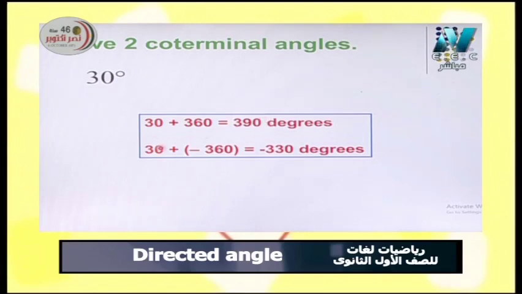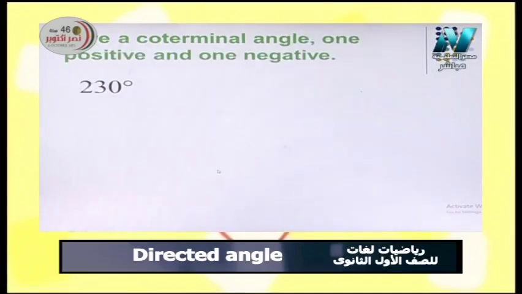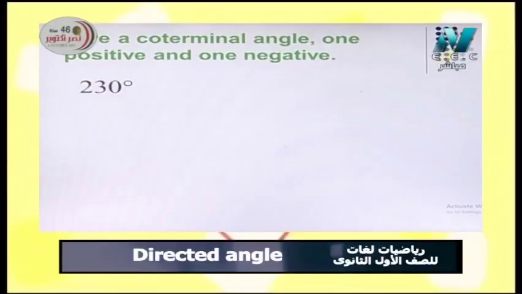And for this one, we add 30 to negative 360, which gives negative 330 degrees, another negative coterminal angle equivalent to the angle 30. Give coterminal angles, one positive and one negative, for 230.